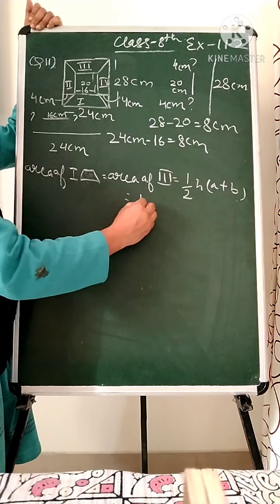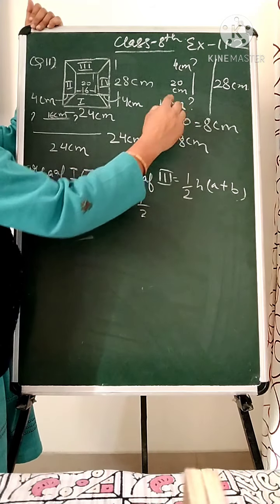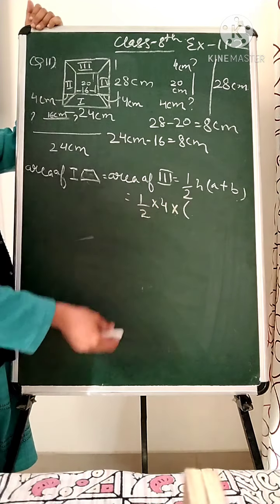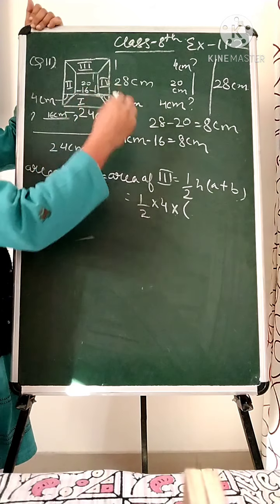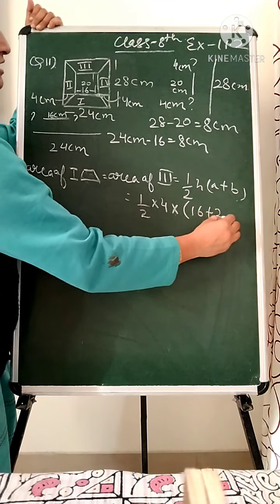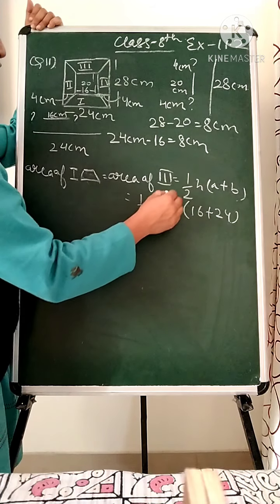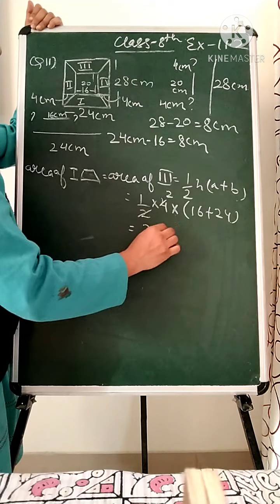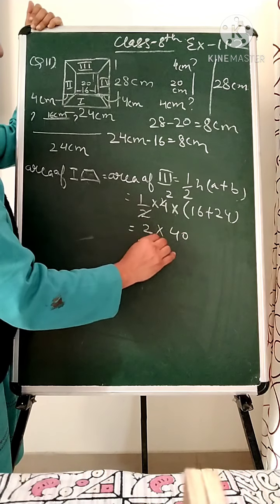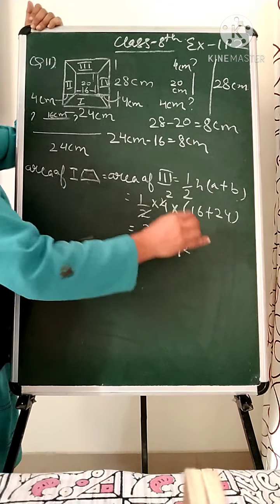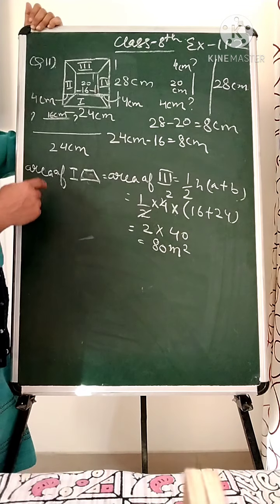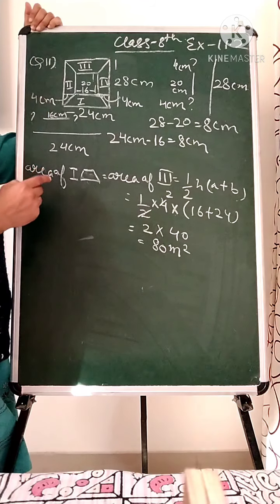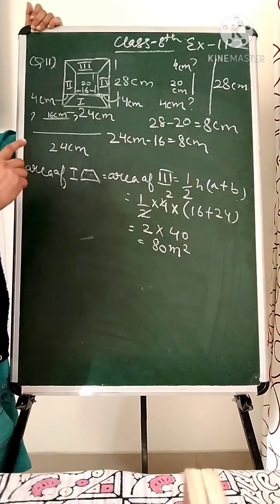So, height we have already found, it's 4 centimeter and one side is 16 and second side is 24. Here 2, 16 plus 24, it's 40. 40 multiplied by 2, it's 80 meter square. From this method, we got the area of the first trapezium and the area of the third trapezium are 80 meter square.